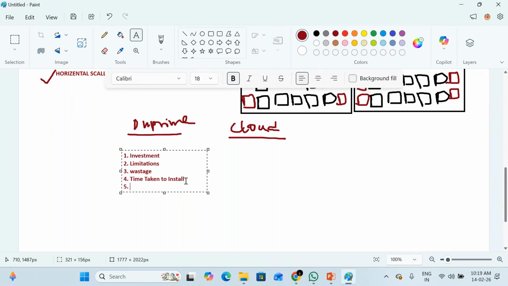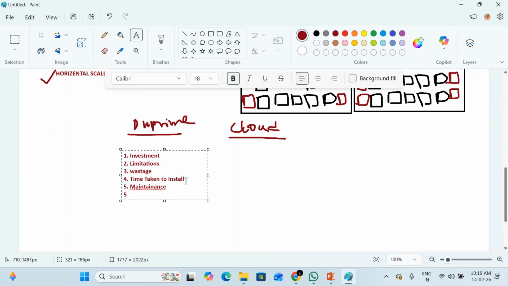Understand? Next, maintenance overhead. You need to take care of everything: maintenance, power consumption, climate control. If a server fails, you need to take care of it.